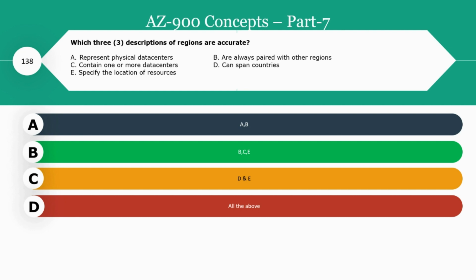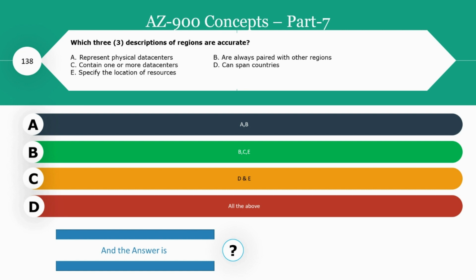So we have 5 different options. We need to pick the right one. Please note that all are correct. The recent update from Microsoft is that all regions across the globe have their own region pair. And so the right answer for this question is all of the above.